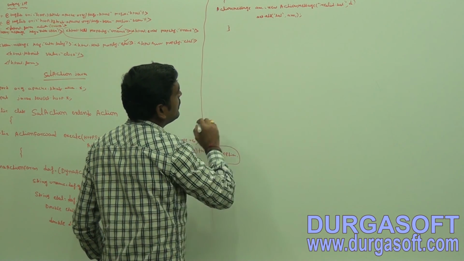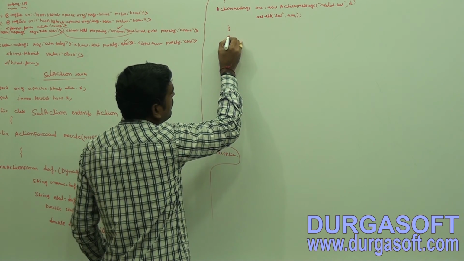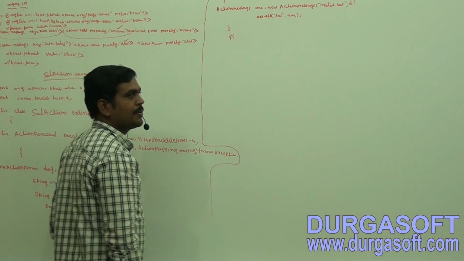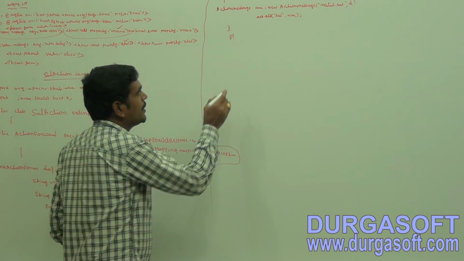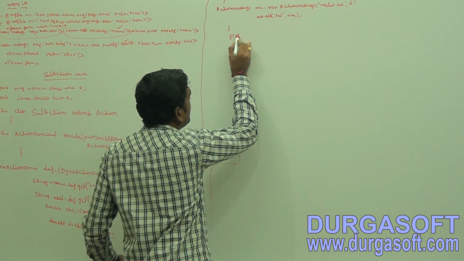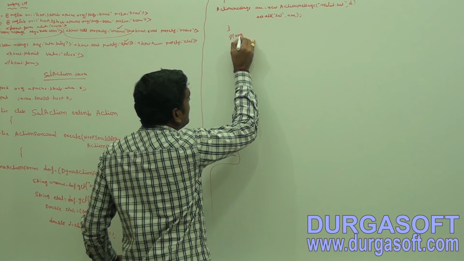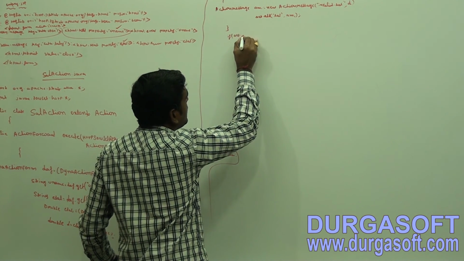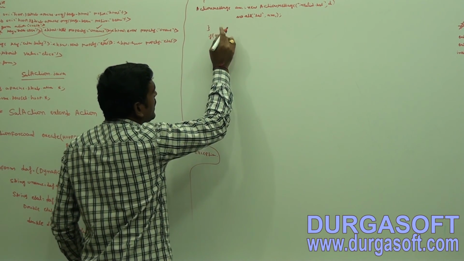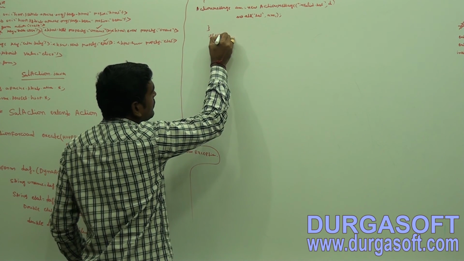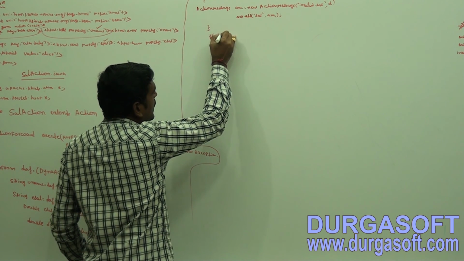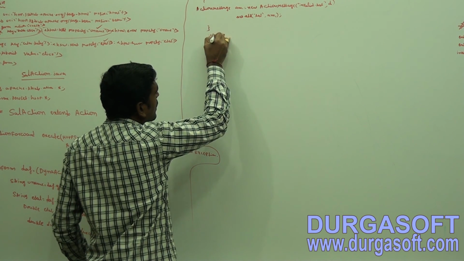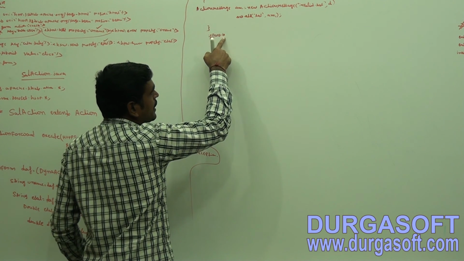Here I am going to take one more if: if not aes.isEmpty. Here not aes.isEmpty.